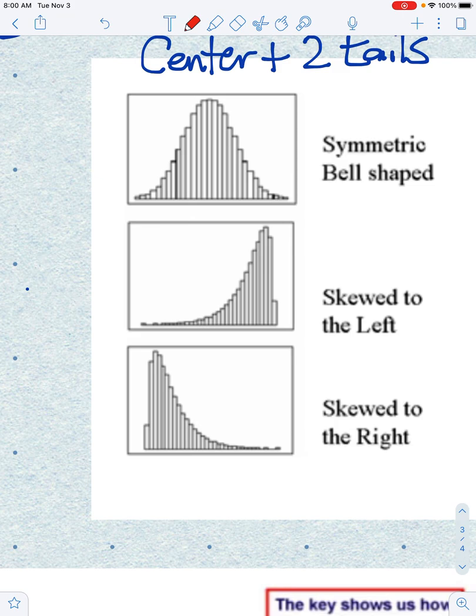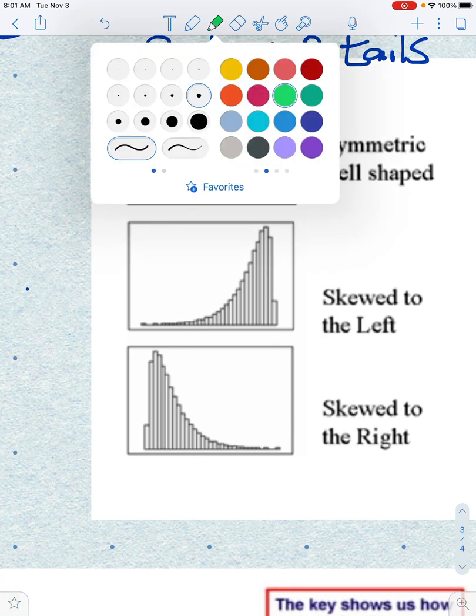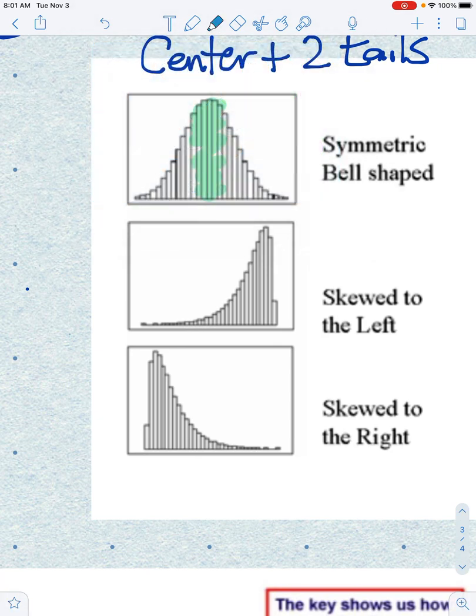First of all, there's a symmetric shape where the data is arranged around a group of values in the middle. You can think of this as a center and then 2 tails. And the tail would be on either side.